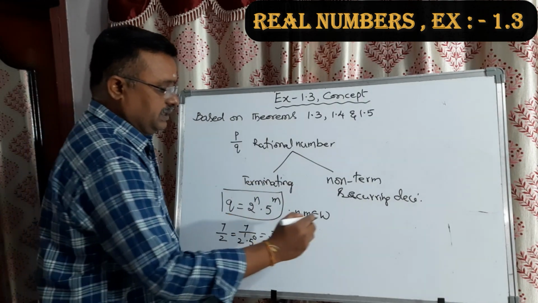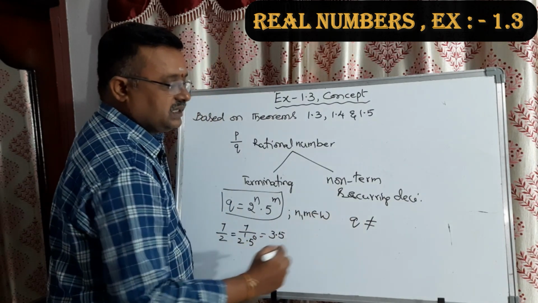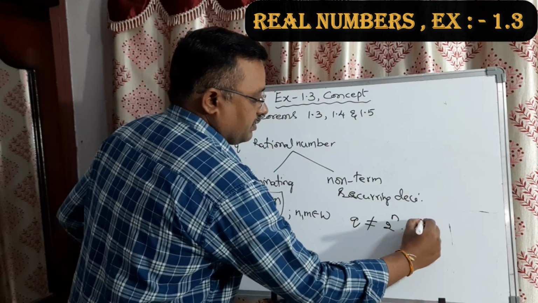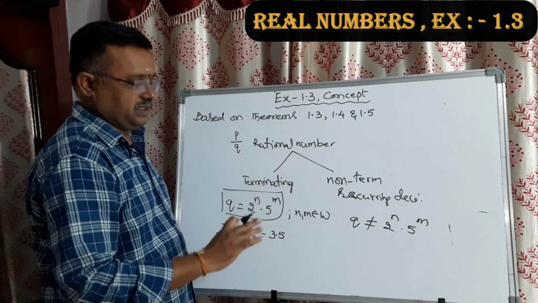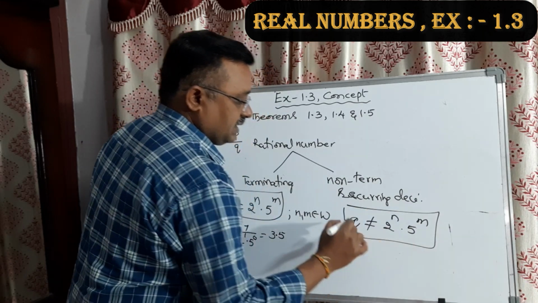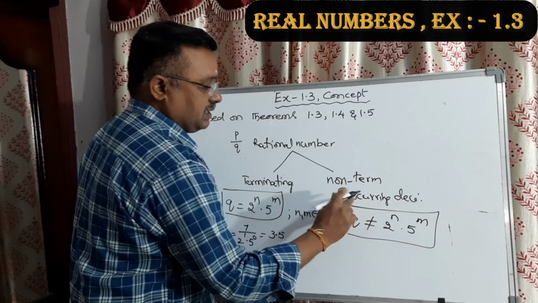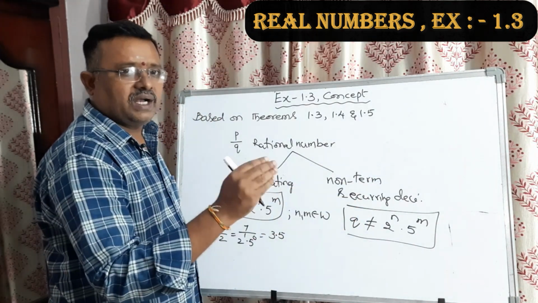If the denominator q is not in the form of 2 power n into 5 power m, or 2 power m into 5 power n, it's your wish, if it is not in that form, then it represents a non-terminating recurring decimal. Non-terminating recurring means repeating decimal. What does it mean?